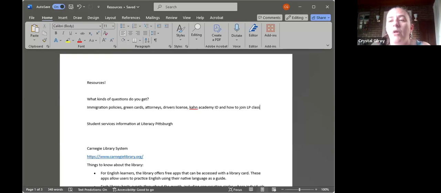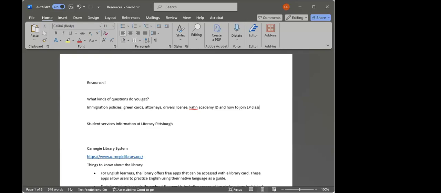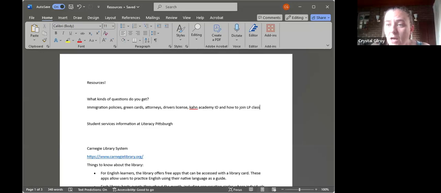For the other ones, I'm going to start with the immigration, green cards, and attorney one, and say that, in terms of resources, this has become something that people are asking a lot about. It is a very valid question. It is very important, and we have a lot of students who are going through those needs. If any question pertaining to immigration comes up specifically, they will need a student services referral.